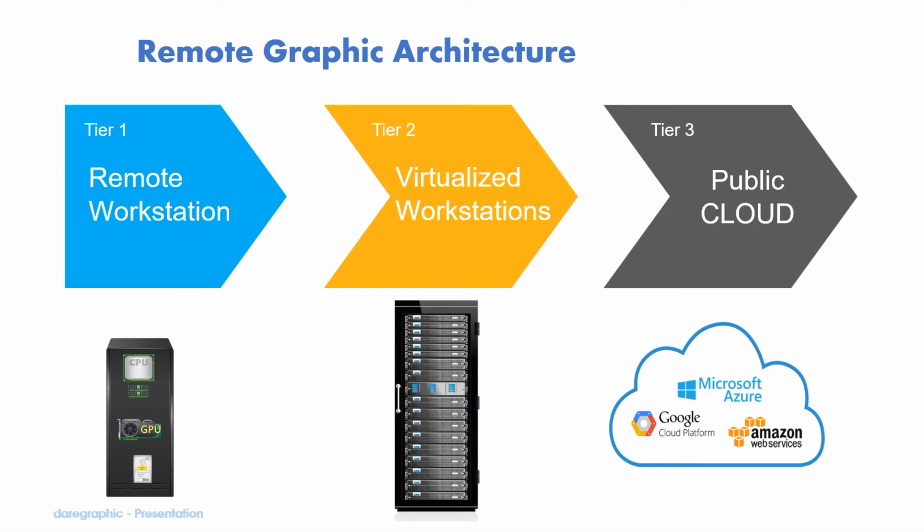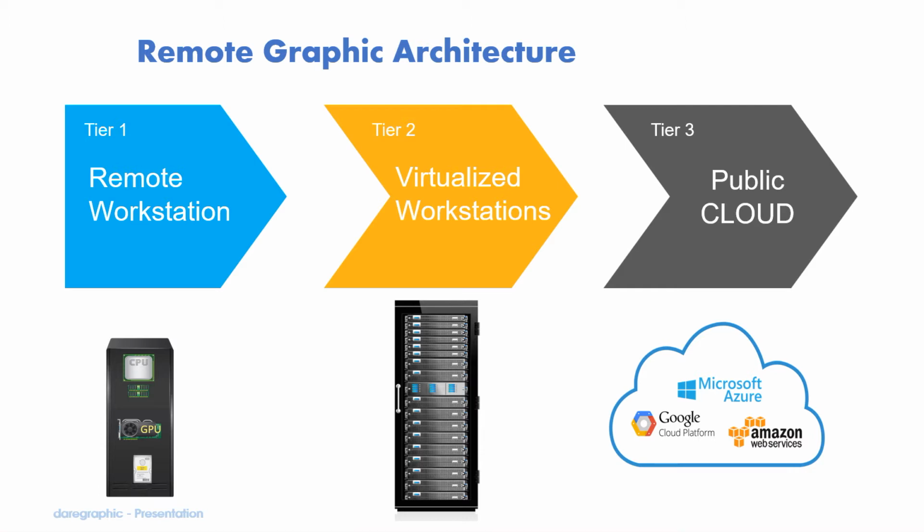So there are 3 main architectures when we design a remote graphic environment. This is really important because we're going to come back to this often. First and foremost, a classic remote workstation. The use case has been done for 15 years. We're going to talk about that separately, but it is basically installing a piece of software or eventually maybe a piece of hardware to make that computer available remotely.